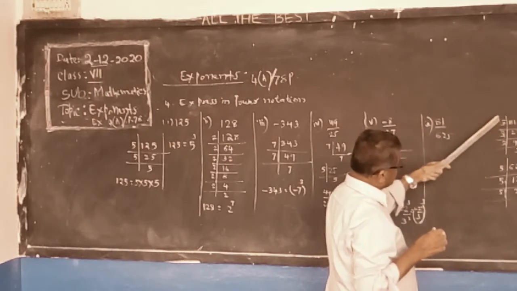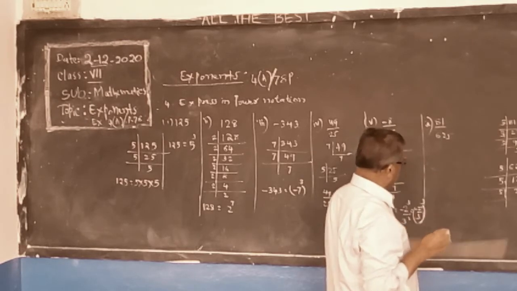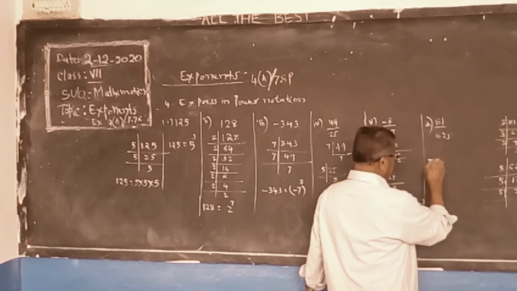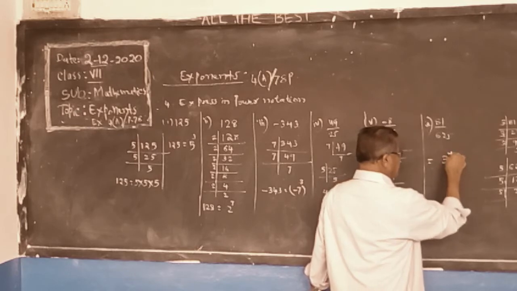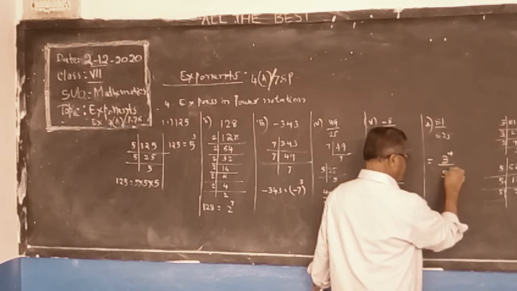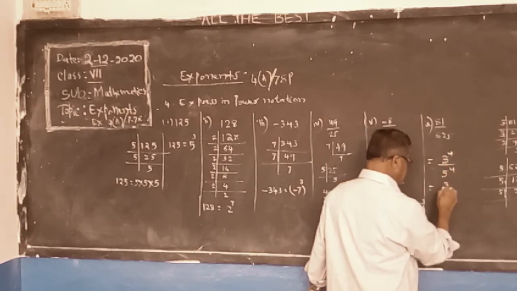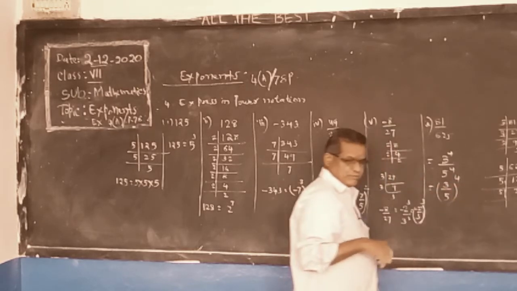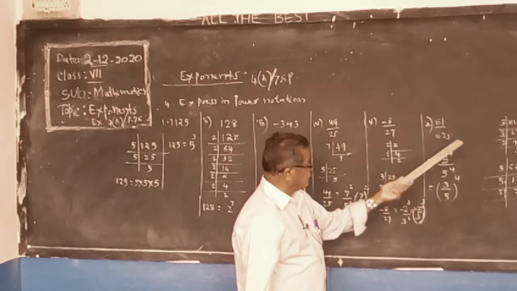For 81, how many 3s? 1, 2, 3, 4. So 81 by 625 can be written as 3 power 4 by 5 power 4. The same can be written as 3 by 5 whole power 4.